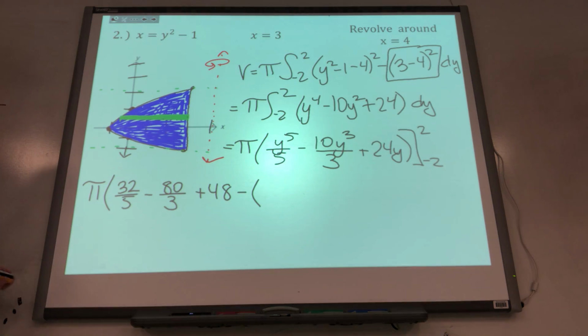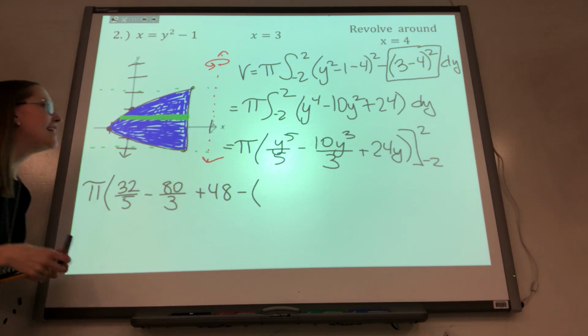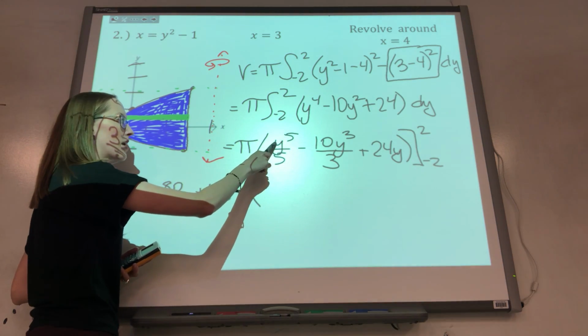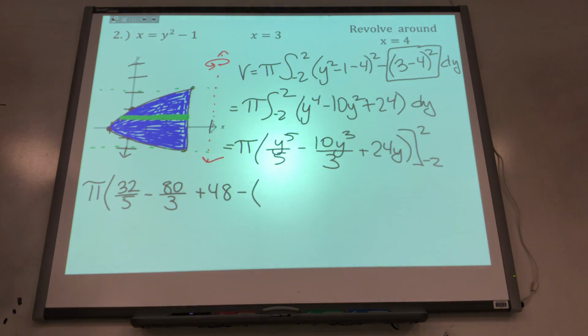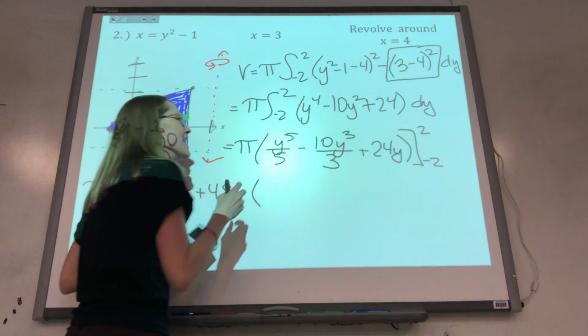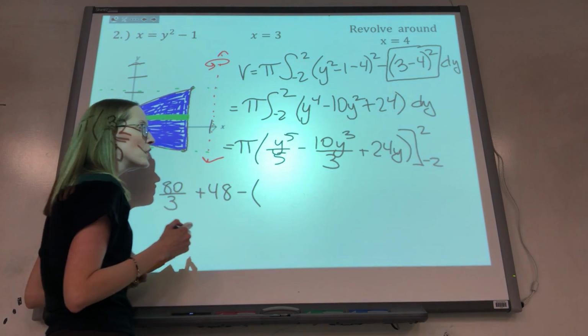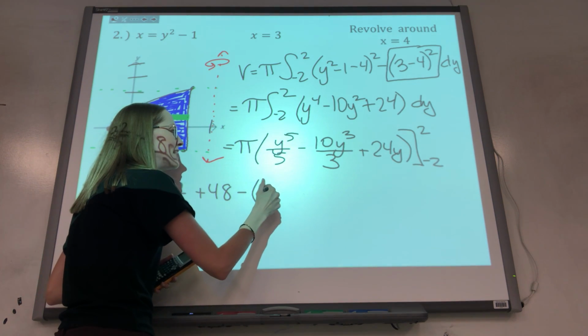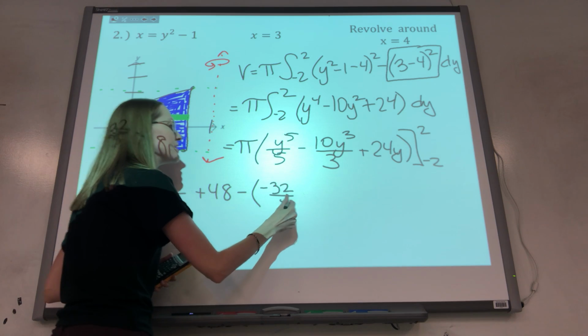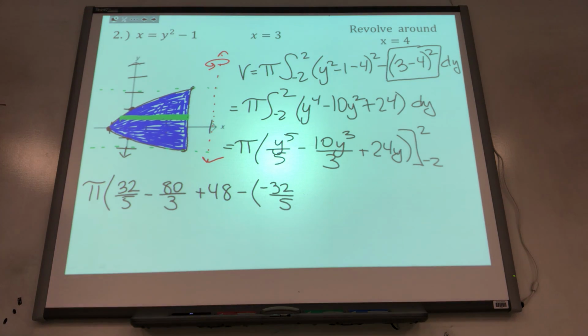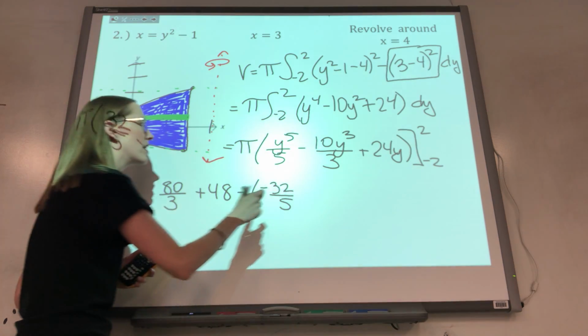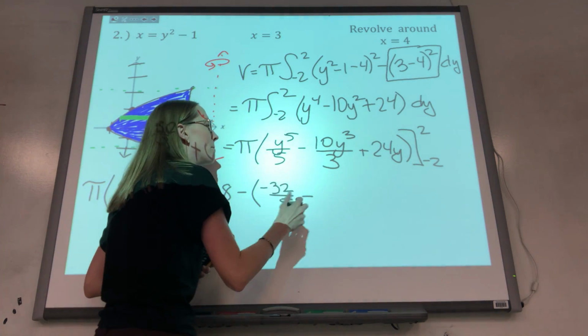Subtract what you get when you plug in the -2. Now remember, a negative number to an odd power is still negative. So -2 to the 5th is -32 fifths.